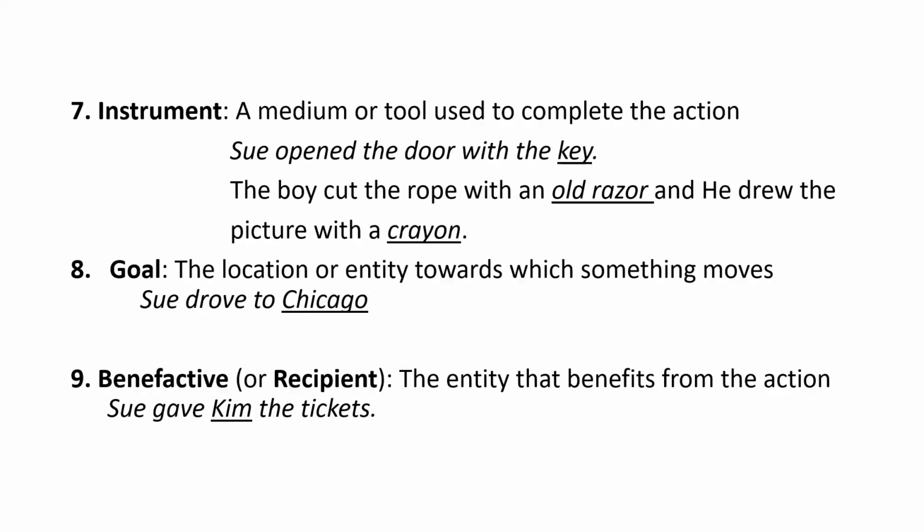John felt happy. Next, there is the instrument. When a sentence is used by speakers of particular communities, they use some instruments or tools to explain their statement. So the instrument is a medium or tool used to complete the action.